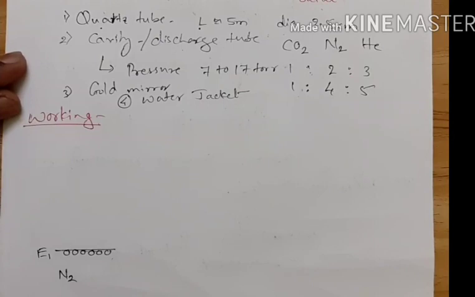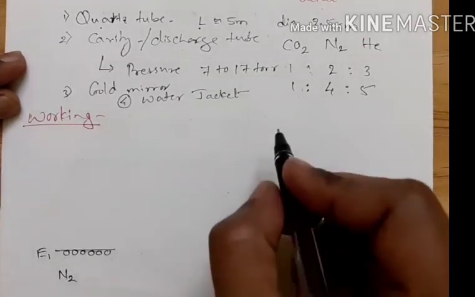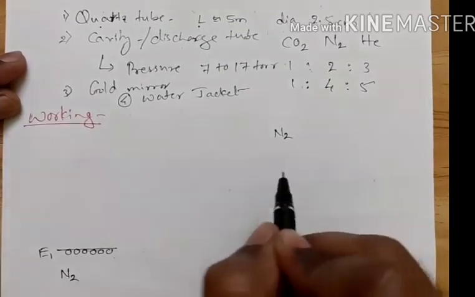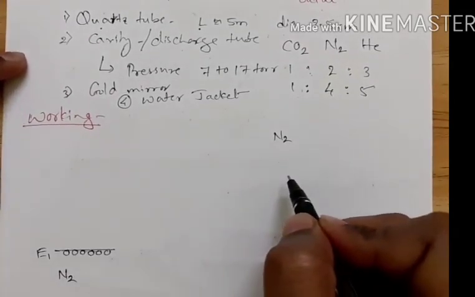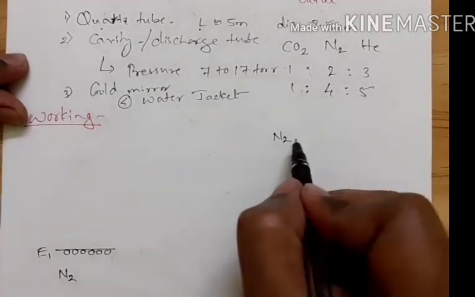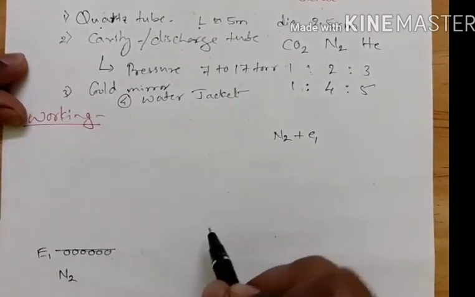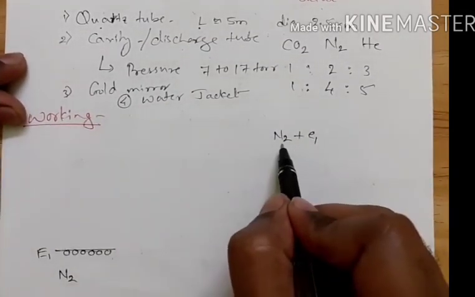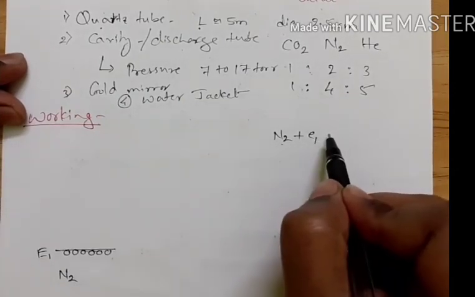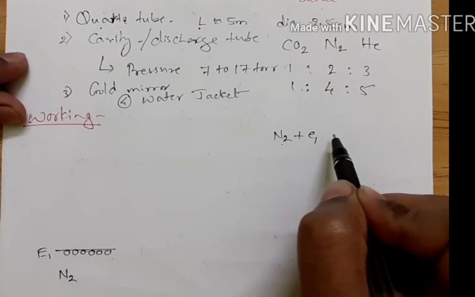First, what happens is, when I apply the energy, we are pumping electrically, so that it goes to the excited state. This ground state nitrogen will be hit by an electron, because we are supplying the voltage and current is passing inside the tube.